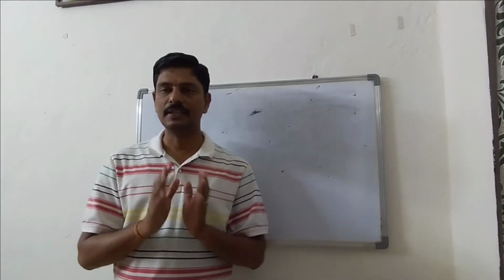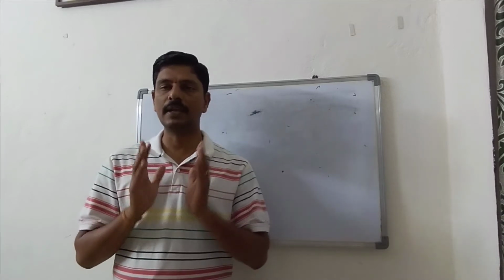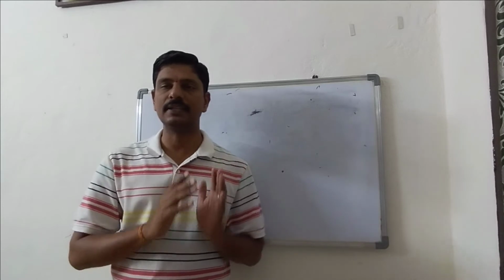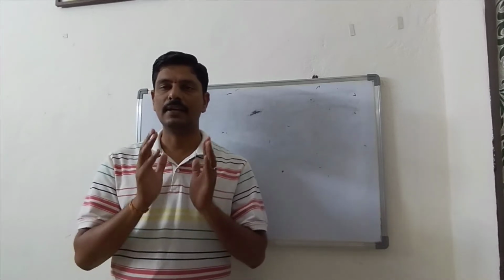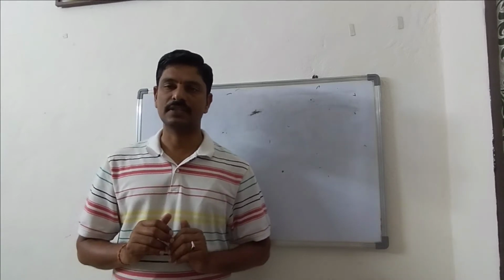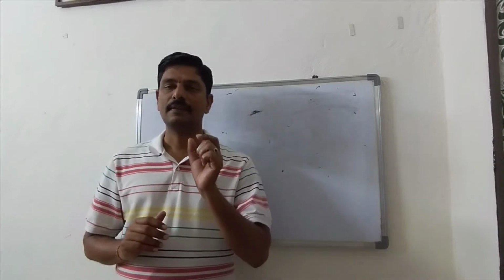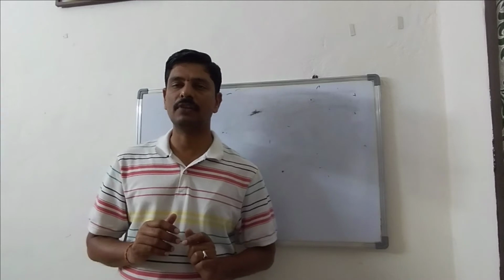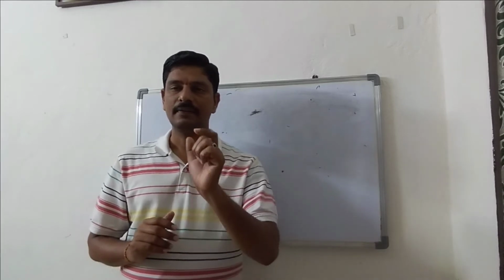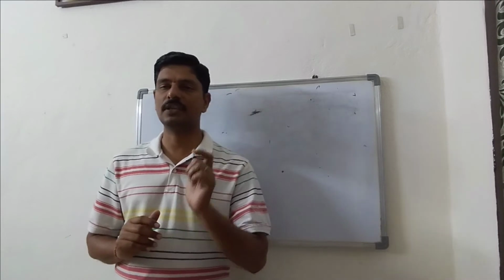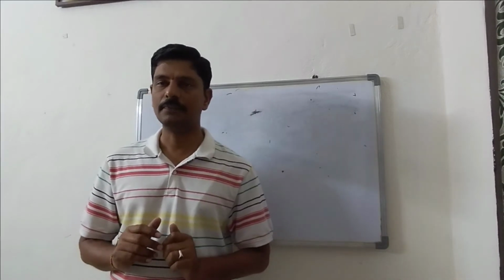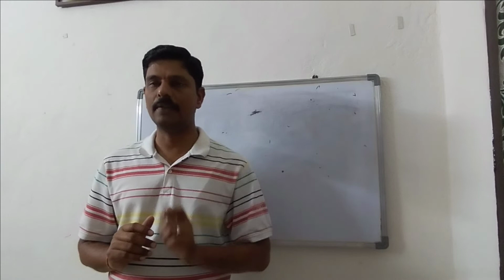So you may get one question from part 1, that is analyticity of a complex function and Cauchy-Riemann equations, and the second part is harmonic and conjugate harmonic functions and the Milne-Thomson method to find the analytic function f of z. Okay, this is unit number 1.